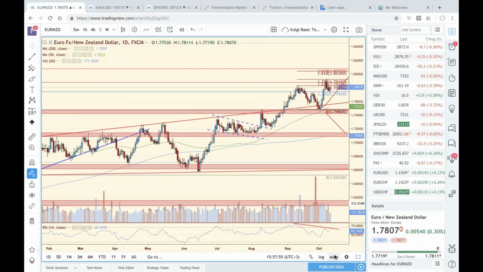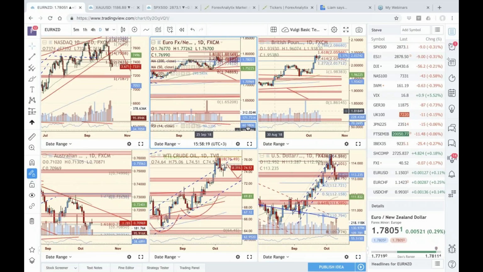Do be careful though, having to do with the Euro Kiwi. There is some clear RSI divergence. We had a very high RSI reading above 75. It was closer to 80. And this new high had an RSI slightly below 70. So structurally speaking, and from a price action perspective, there is nothing bearish yet, but I do pay attention to this RSI divergence.